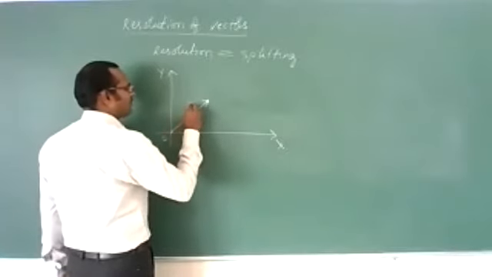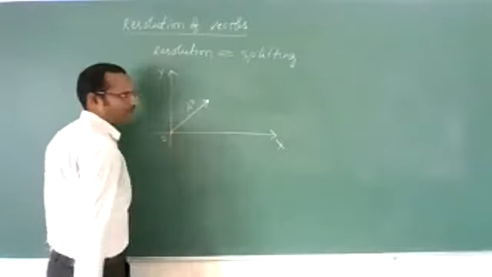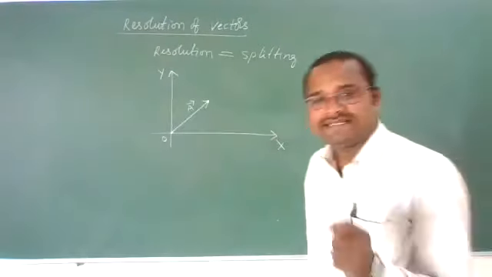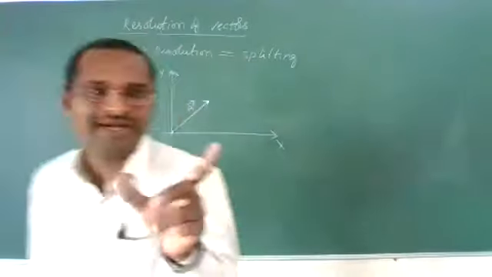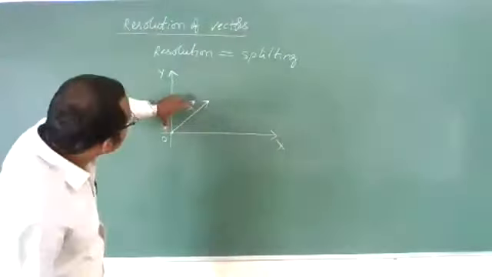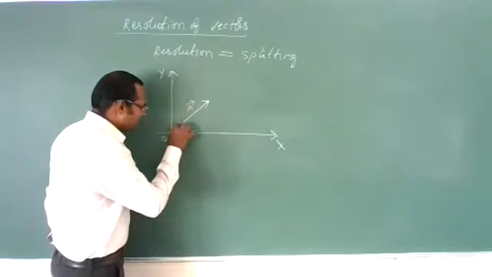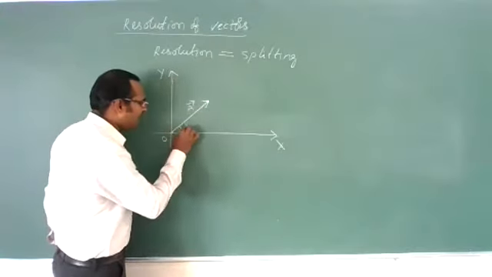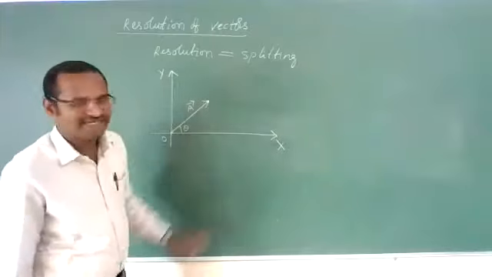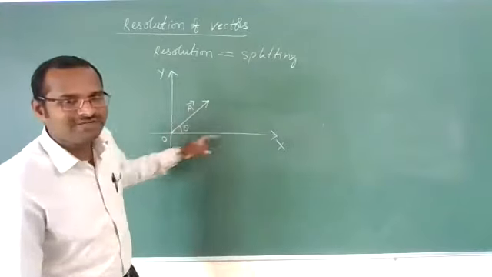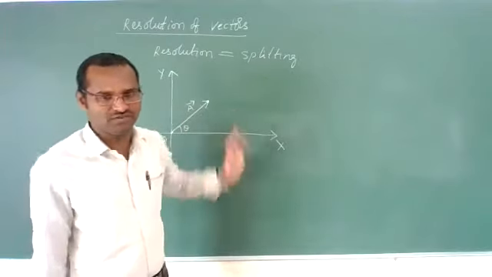I am calling this vector A bar. A bar has both magnitude and direction. Magnitude is represented by its length, and direction we can find by knowing the angle it makes with the x-axis.